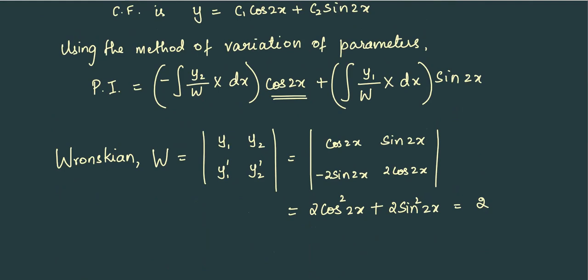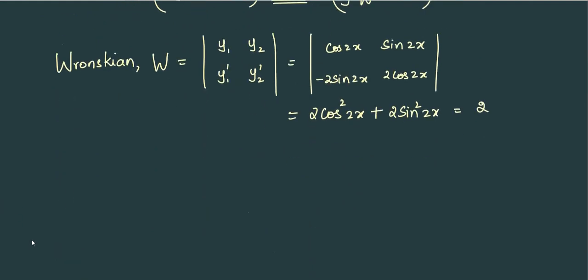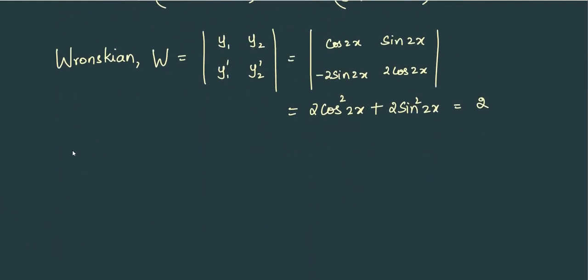So now the first part. u of x is minus integral y2 upon Wronskian times X dx.